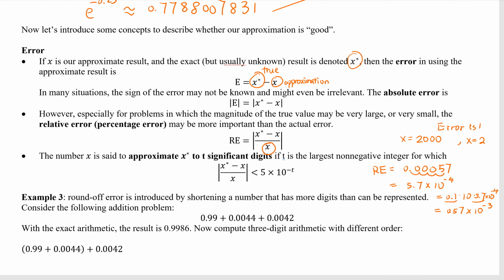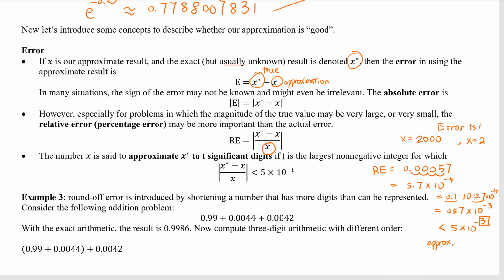We can combine the 10 and 10 to the minus 4, which gives us 10 to the minus 3. So now this is less than 5, right? So now this is less than 5 times 10 to the negative 3. Good. Then we say the approximation approximates the true value to 3 significant digits.